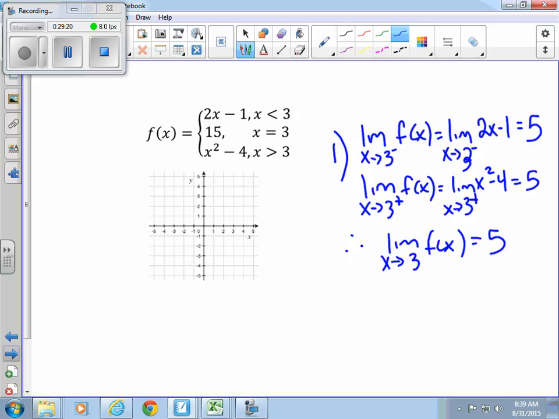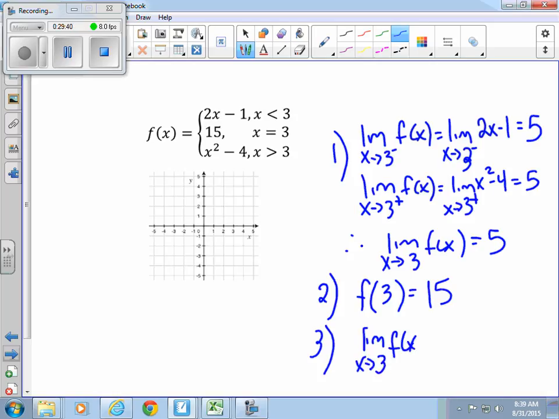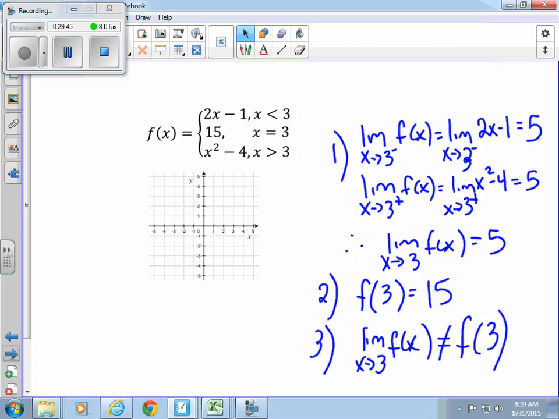So far, so good. But f of 3 is 15. Which means number 3, the limit as x approaches 3 of f of x does not equal f of 3. So again, we'll look at that on the picture. We have x squared minus 4, and that's to the right of 3.